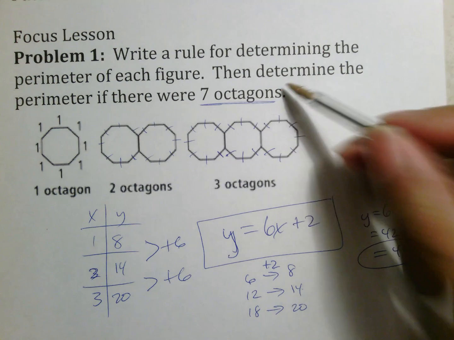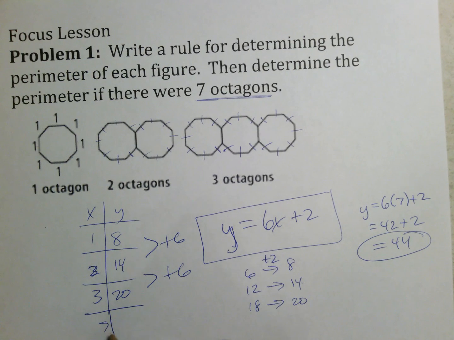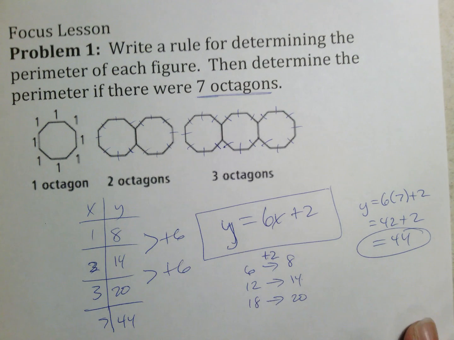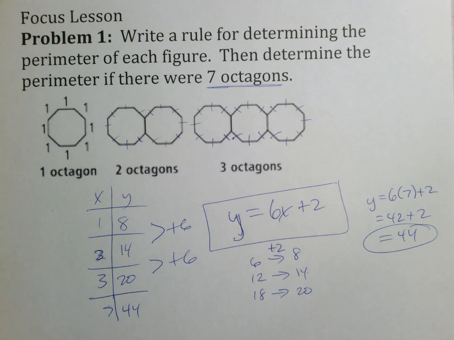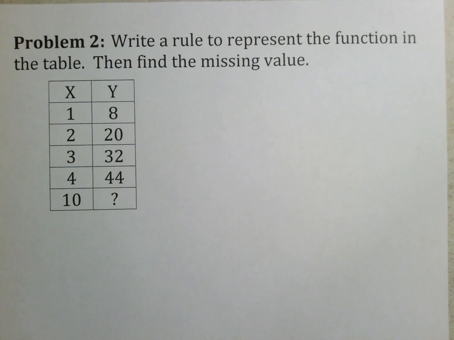So if there were 7 octagons, you would end up with a perimeter of 44. And we know that because that's what this rule tells me. That rule allows me to anticipate what's going to happen. If there's anything on this question you're having issues with, please raise your hand so one of us can try to assist you with understanding it.